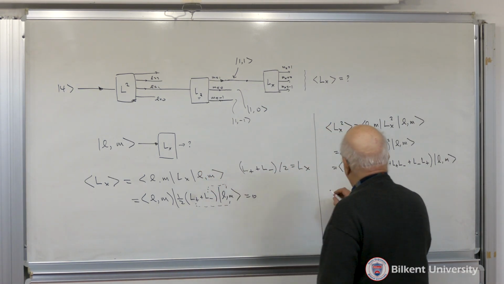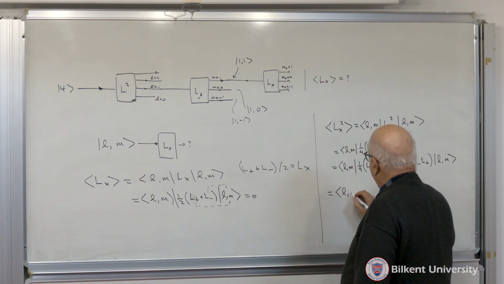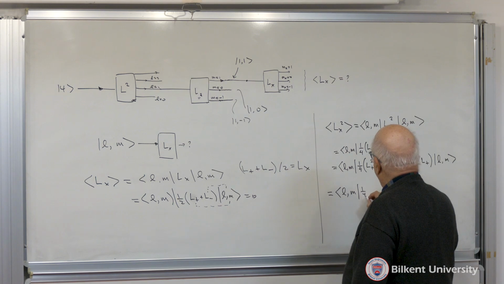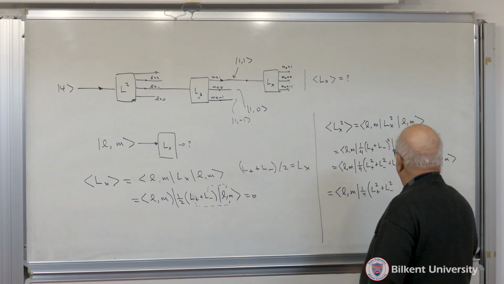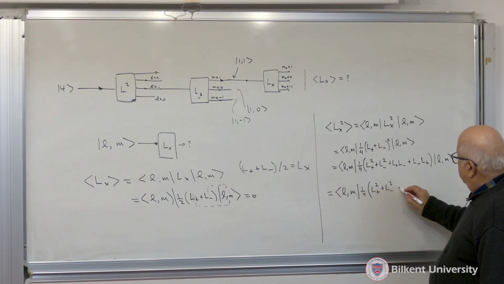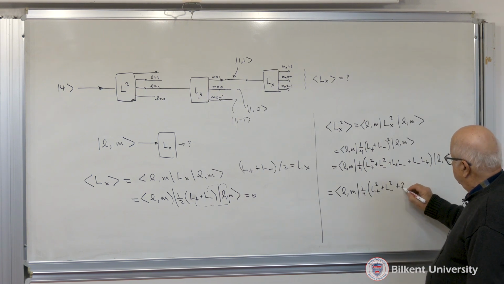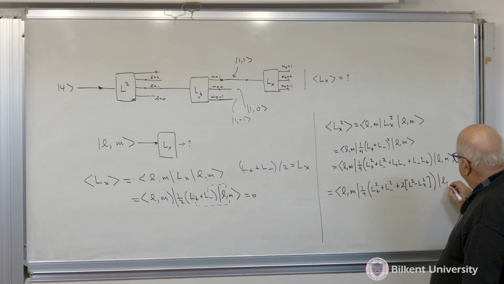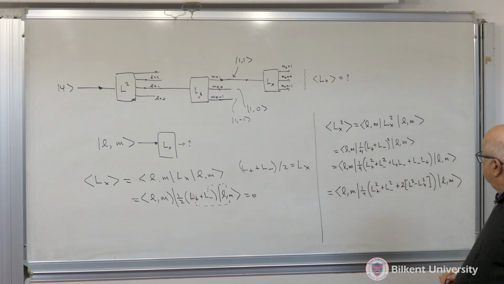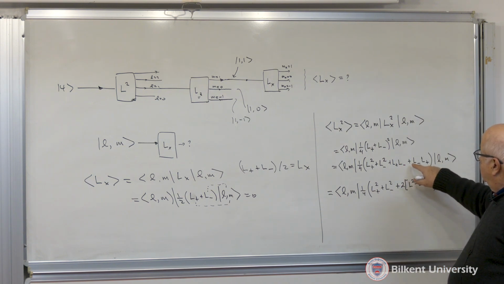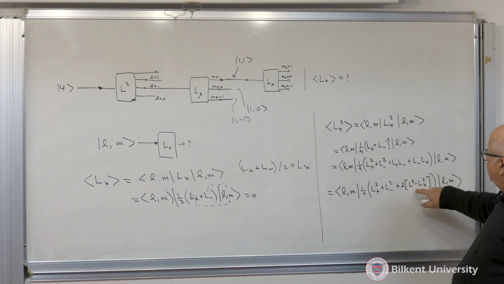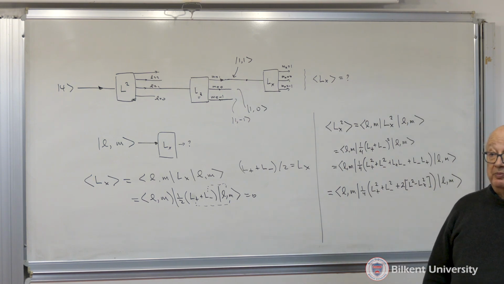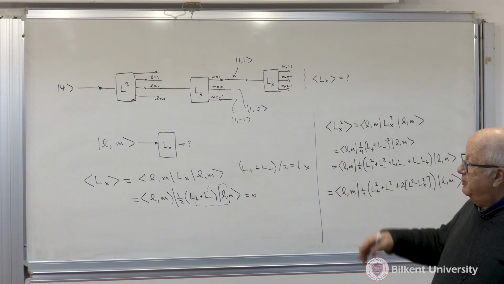So I'm going to get, check my algebra, <l,m| 1 over 4 (L plus squared plus L minus squared plus 2 (L squared minus Lz squared)) |l,m>. Each one of these terms contributes L squared minus Lz squared. One comes with a plus h bar Lz, the other with a minus h bar Lz, which cancel.